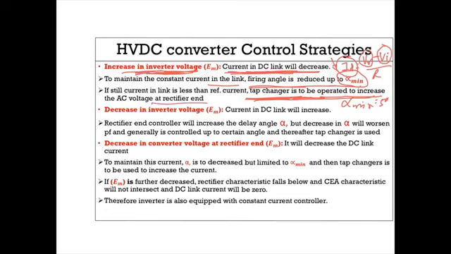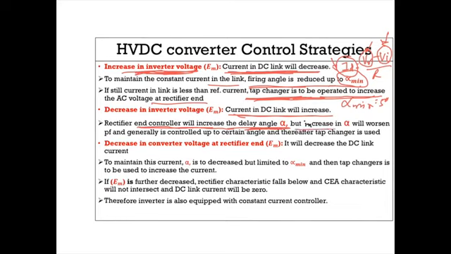In case there is a decrease in inverter voltage, that means this voltage has decreased for a constant rectifier voltage, then the current in the DC link will increase. Under this condition, the rectifier side controller will come into action and it will increase the delay angle so that the current in the DC link can be restored.